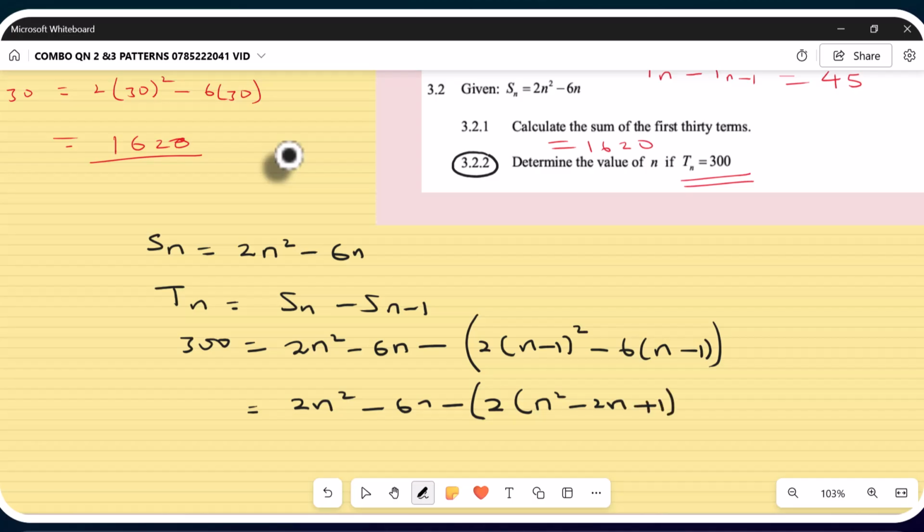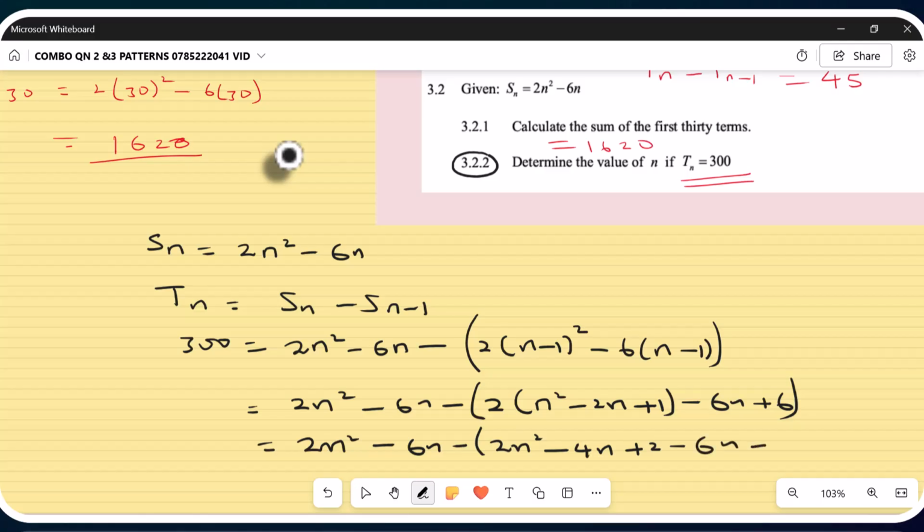So like terms, let's check it out. We're going to have 2n squared minus 6n, then minus 2n squared, and then plus 4n, plus 4, minus 2, plus 6n, then minus 6.